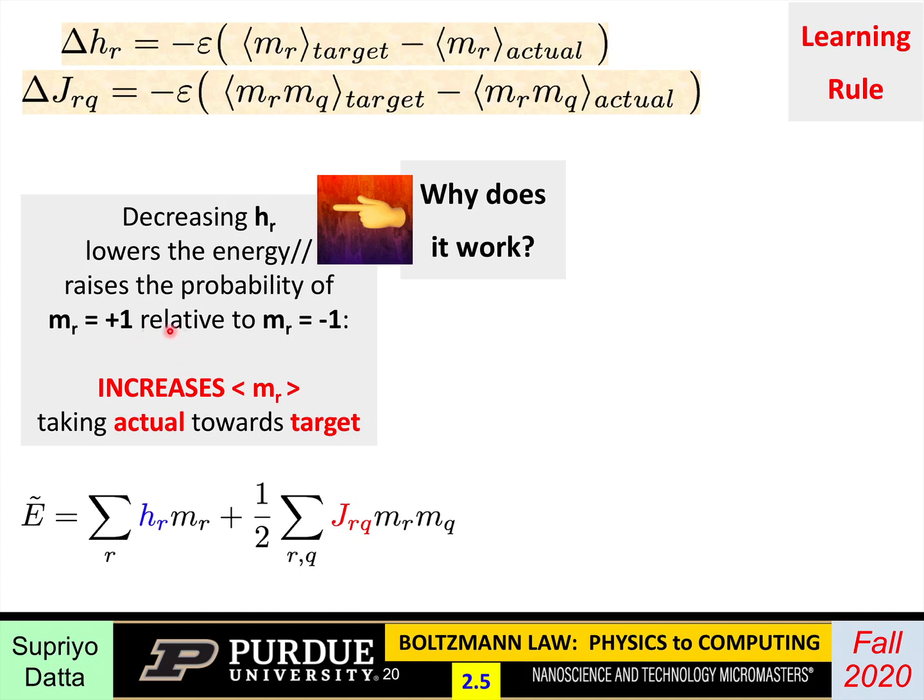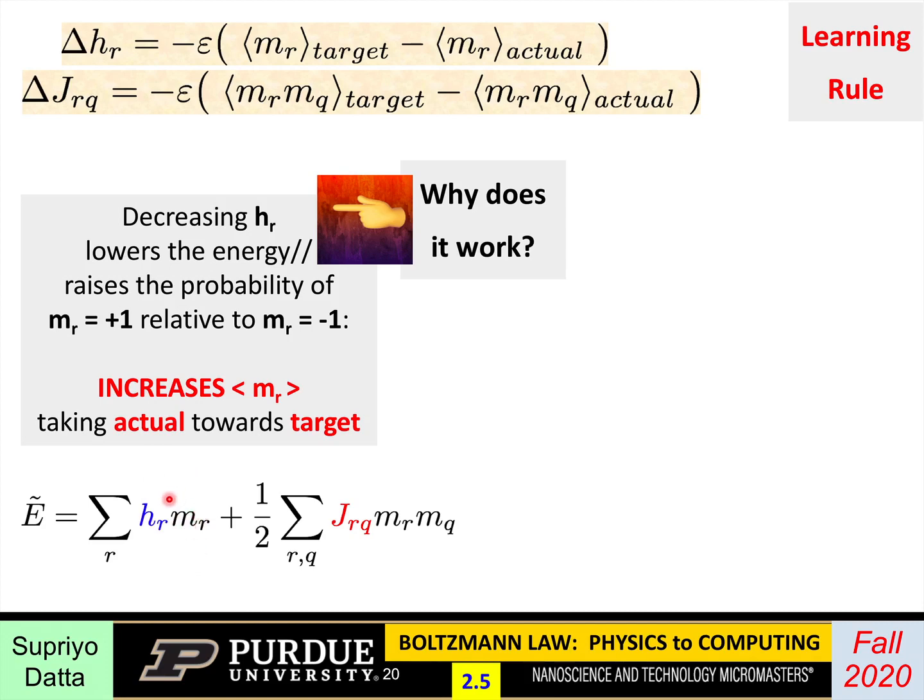Well, think of it this way. Suppose the target value is bigger than the actual. Then what you really want to do is do something so that the actual increases. So how do you make the actual increase? Well, what I claim is decreasing H will do it. Why? Because H appears in this energy expression. And as you know, what this H decides is, let's say H is 10. That means when M is plus 1, the energy will be plus 10.